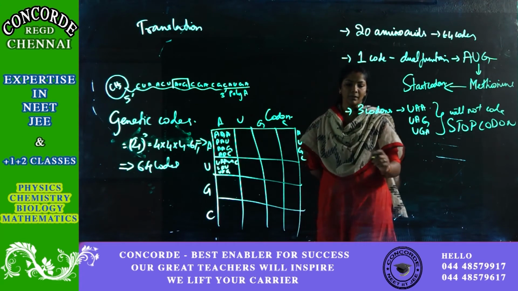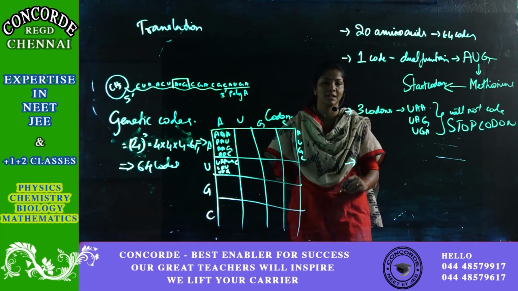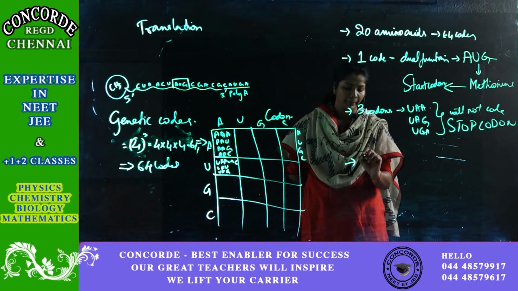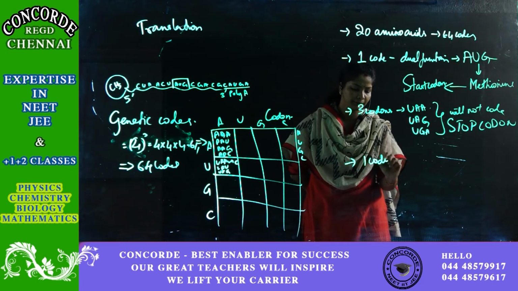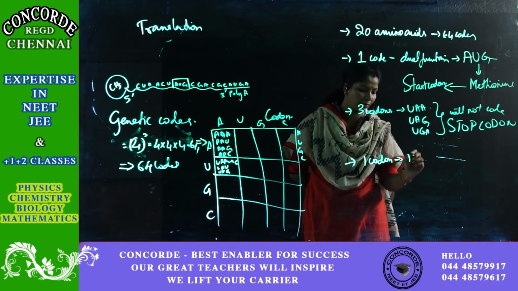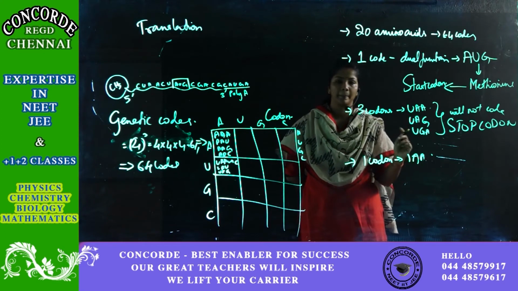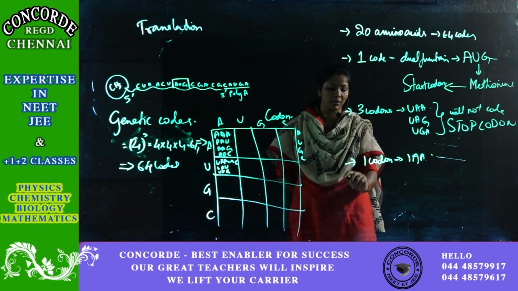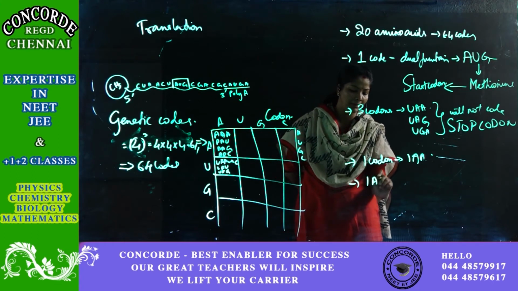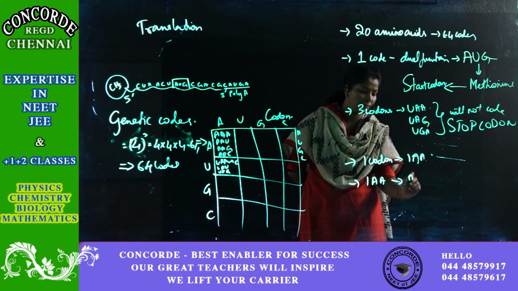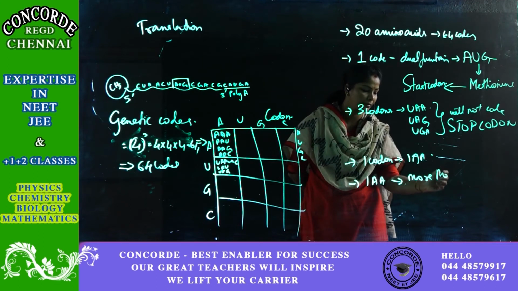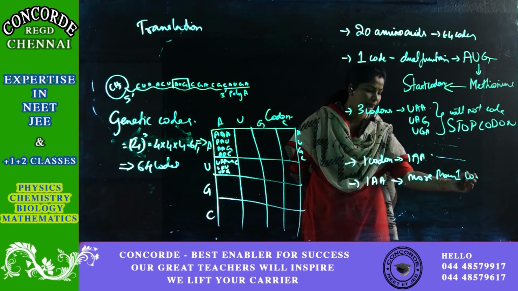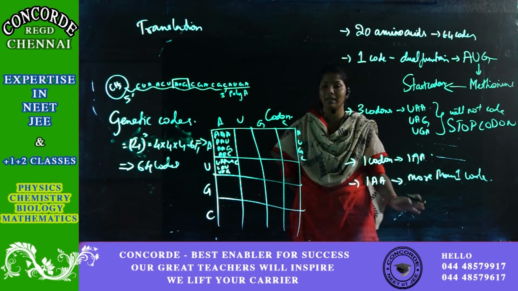One more thing I have to tell you is that one codon will code for only one amino acid, and one amino acid can have more than one codon. This will be a little confusing.